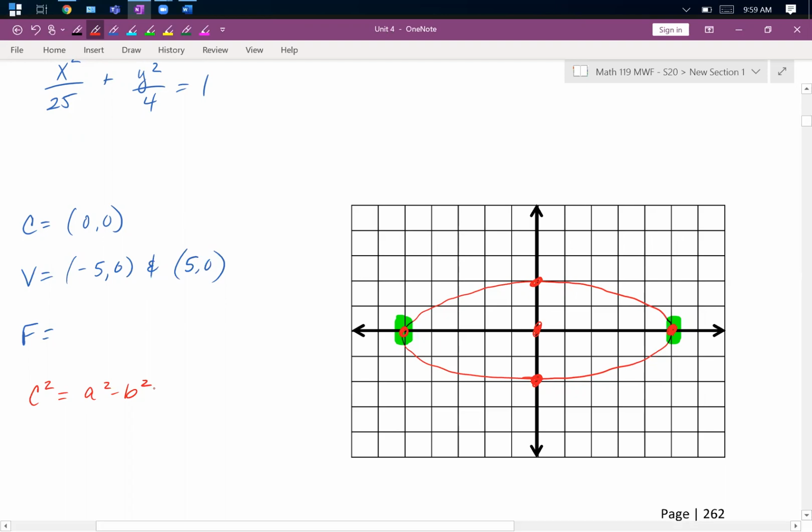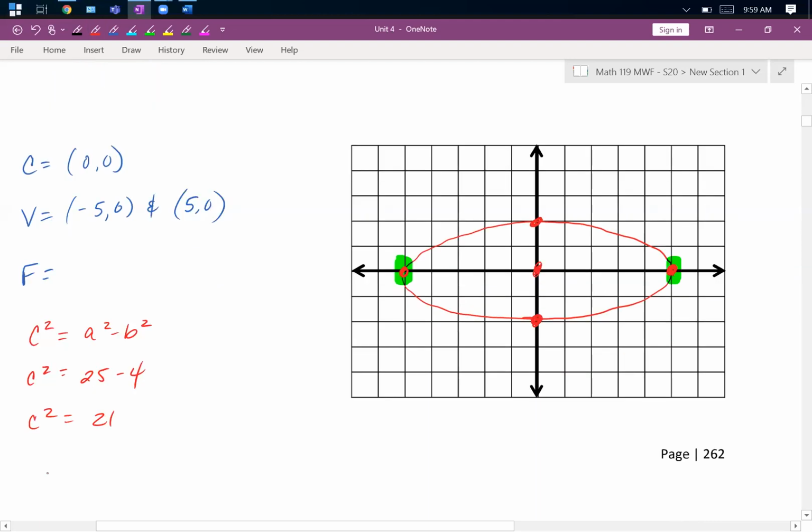So if you accidentally add a squared and b squared, you're going to get a c value that puts you outside the ellipse. So that should red flag you that there is a mistake. All right, so c squared, it's always my big denominator minus my little denominator. C squared equals 21. So c is equal to the square root of 21.